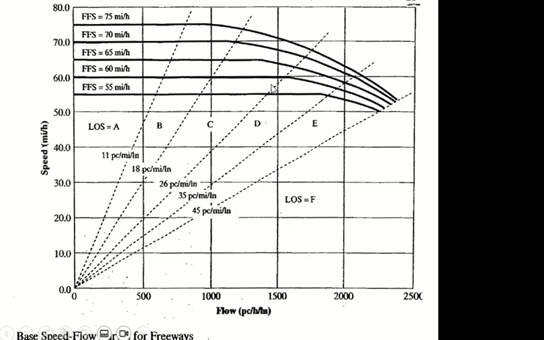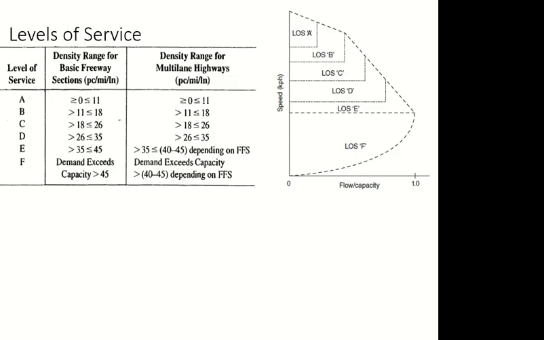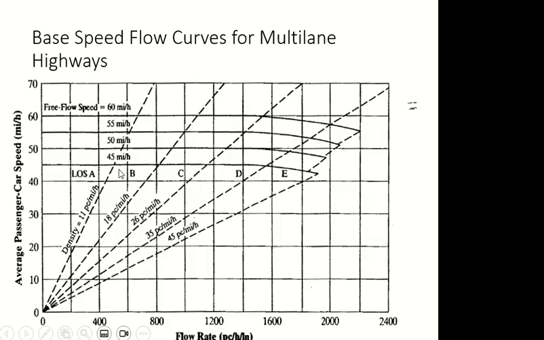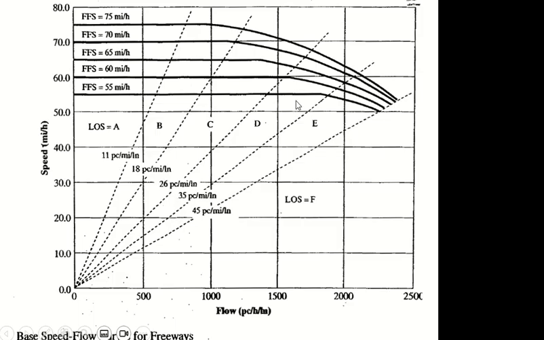I will show you with an example later on how the curves are plotted, and you have to do it for your term project as well. It starts with free flow speed, reaches the breakpoint, and then goes down up to capacity. Once the curve is plotted, you can go to this table, take the maximum values as the slope of the lines, and then you come back and plot these.